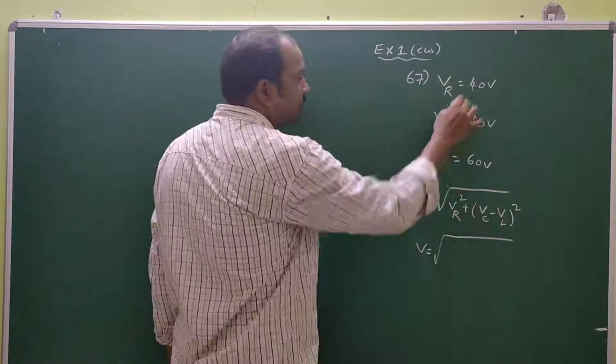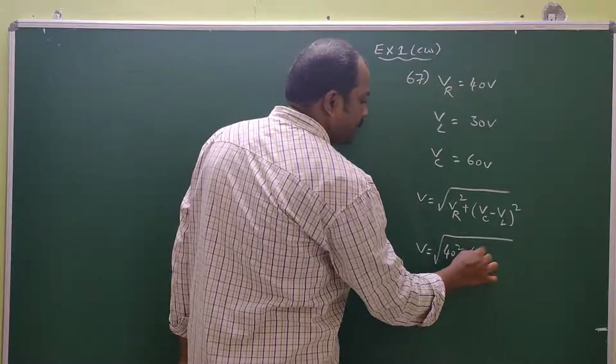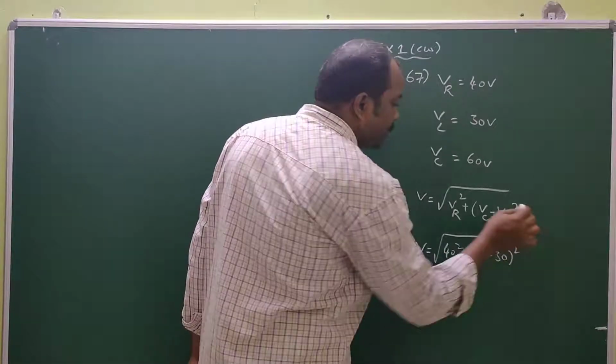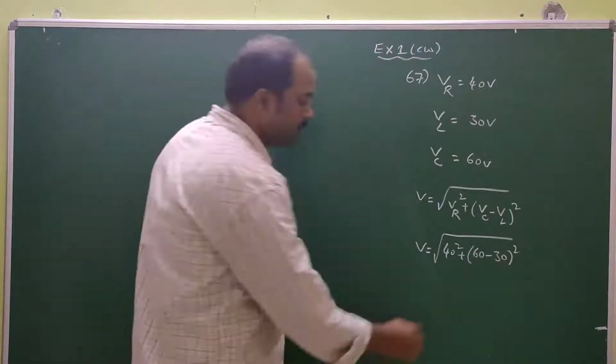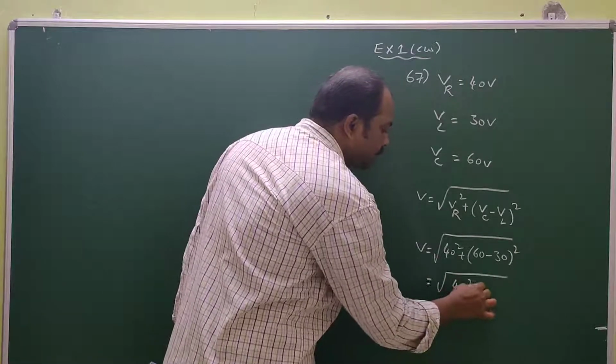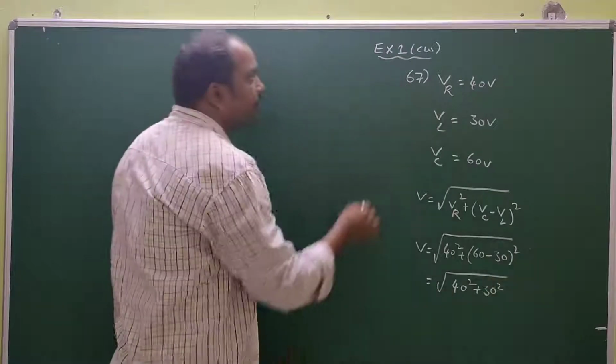Potential difference across resistor, how much is it? 40. Across the capacitor 60 minus inductor 30, whole square. Now this is under root of 40 square plus 60 minus 30, which is 30 square.